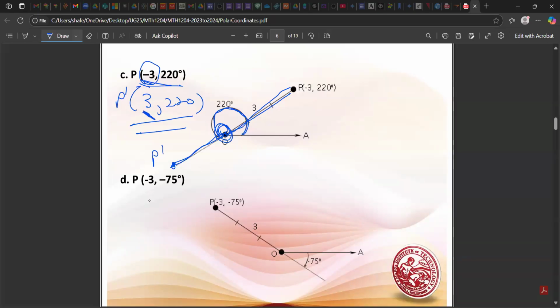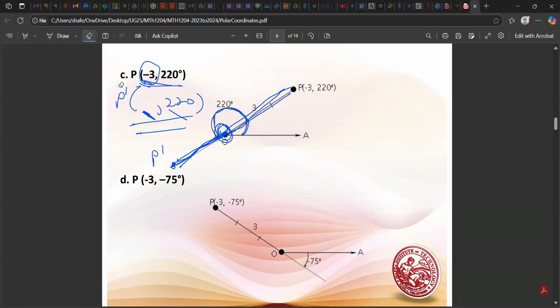Draw 3, 220, and then say no, because you have minus 3, the radial line, or we call it radial vector, is not really in that same direction, but the opposite direction. So you might have to do it in 2 steps.